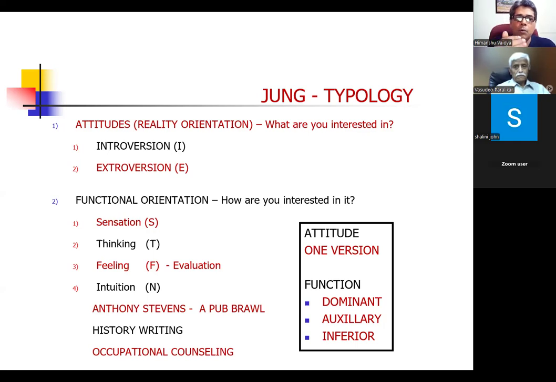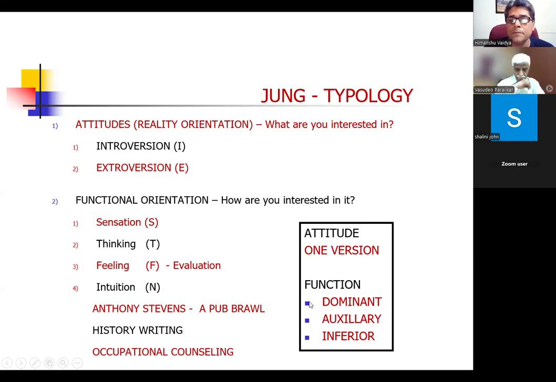So we have one attitude, introversion or extroversion, and four functional orientations. Now Jung further gives certain description and weightage to each of these four. So what he says, every person, according to Jung, has one version, either introversion or extroversion.